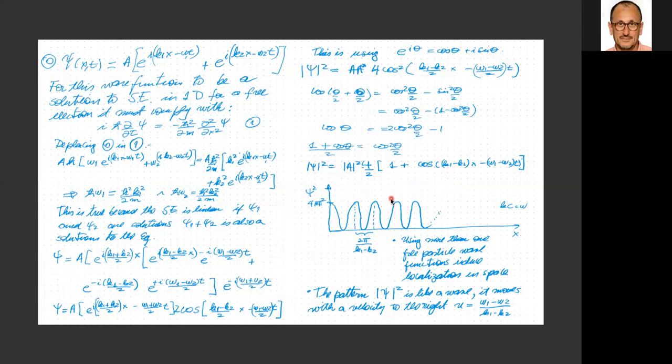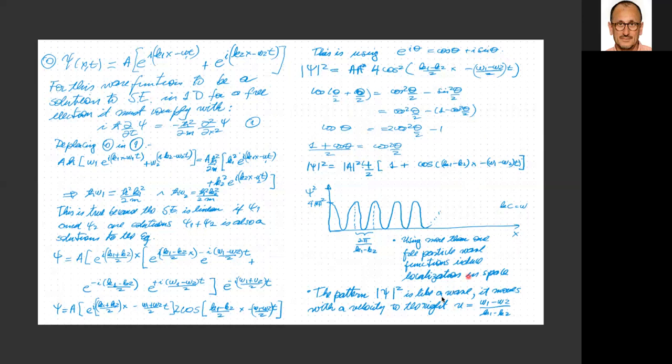And it does it like a wave. It travels to the right with a velocity equal to the difference in omega divided by the difference in k. Okay, so that's the velocity with which this thing travels to the right side. When it has a minus sign here, it means that the function is moving to positive values of x, okay?